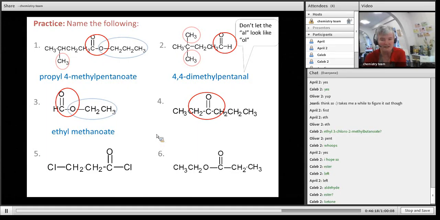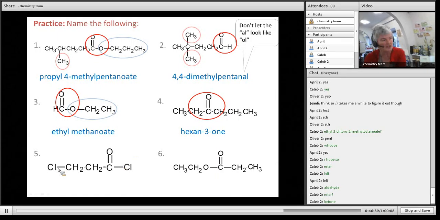Ketone, correct. So remember, we have to say where ketone is, the carbonyl, and so we just count along. We've got, I think, 6 there, and it's on the 3rd one, so it's hexan-3-one with all the hyphens and so on.